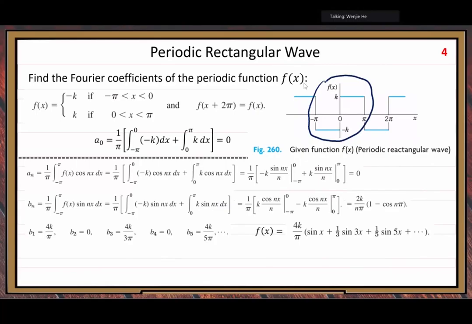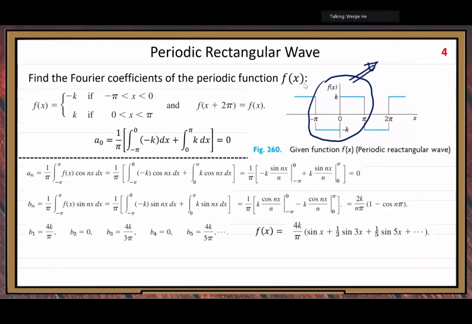Can you see, is there any special property for this part? Look at the symmetry. What kind of symmetry does this function have?